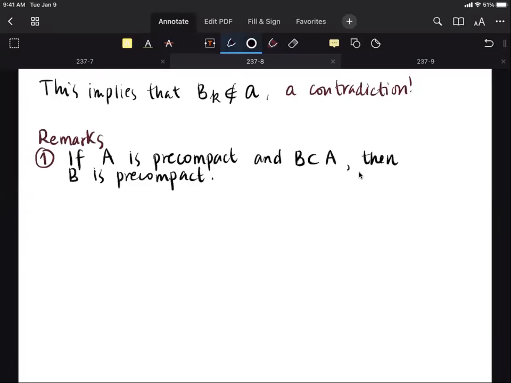So a subset of a pre-compact set is pre-compact. That follows immediately from the definition of pre-compactness. So you can cover A by finitely many open balls, given a positive radius. Then that covering can be used as a covering of B as well.